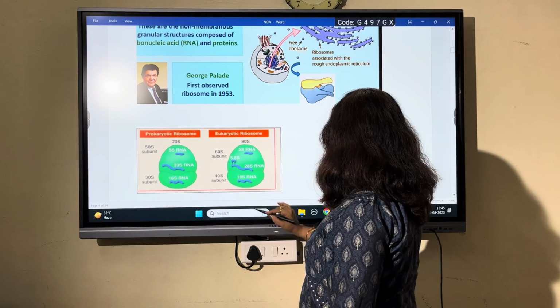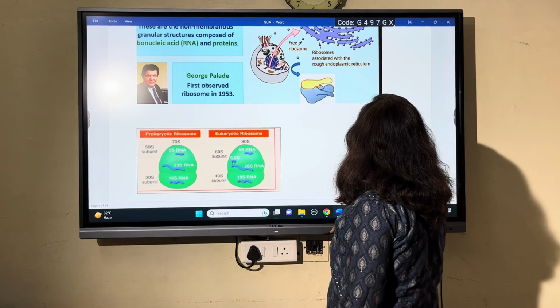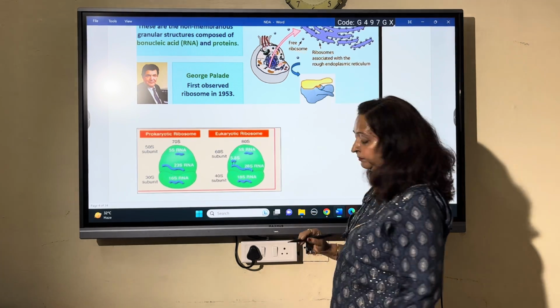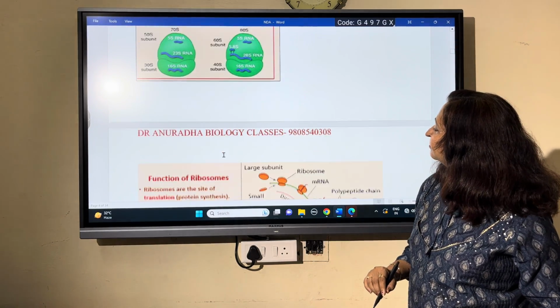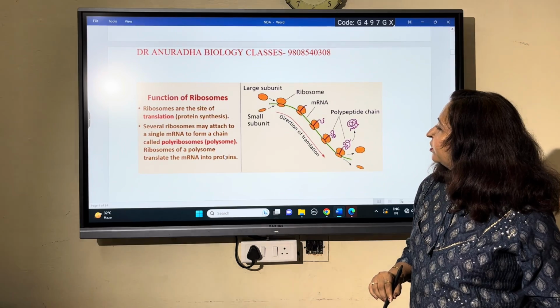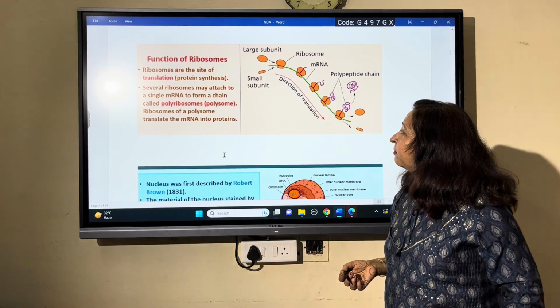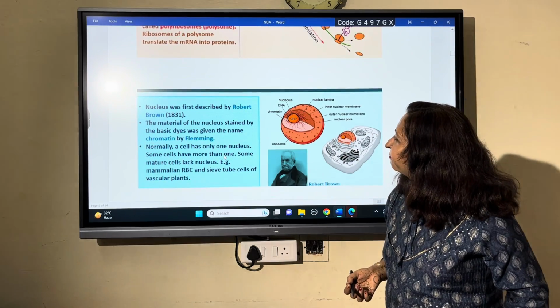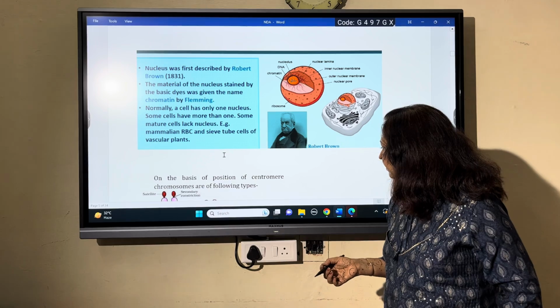So these are the two subunits of the ribosomes. The function of ribosome, I have already told you, is that it helps in protein synthesis. Now the next structure is the nucleus.